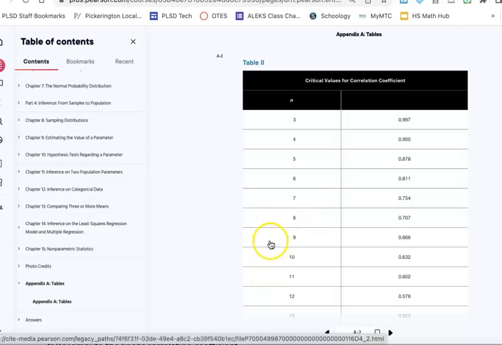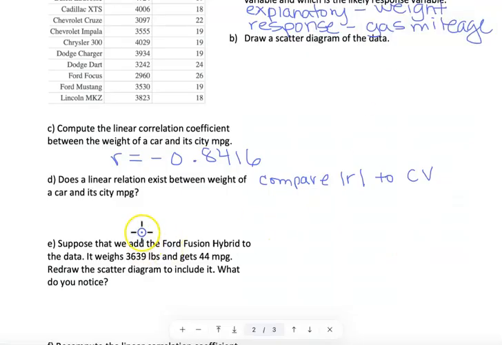So when we look here, the number of data pieces that I have from the cars is 10. So I'm looking for n equals 10, which is right here, and the critical value is 0.632. So for n equals 10, critical value is 0.632.